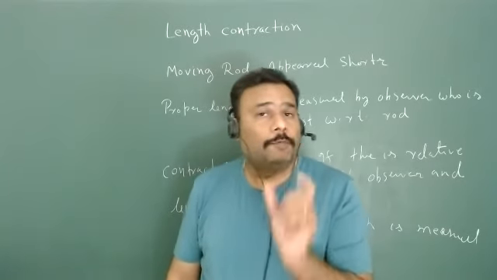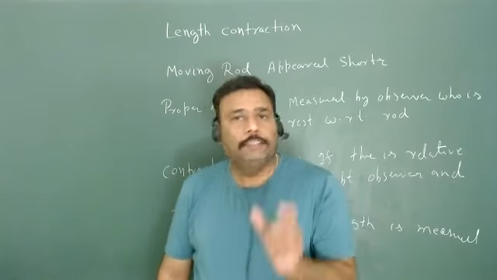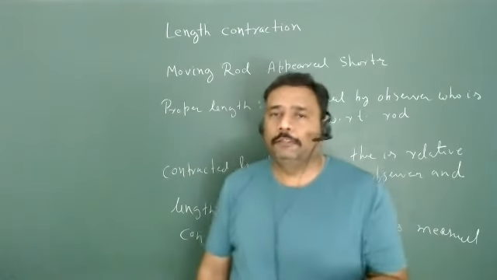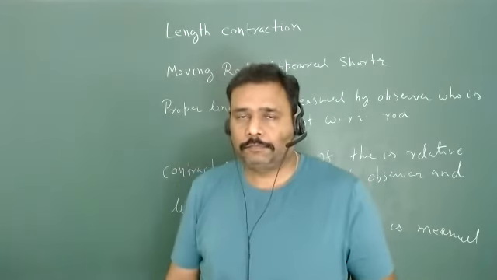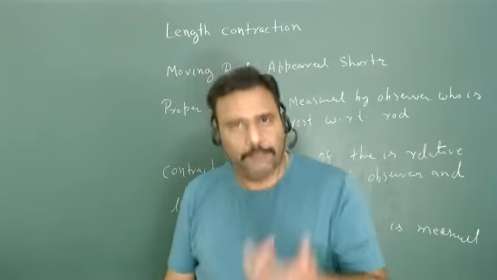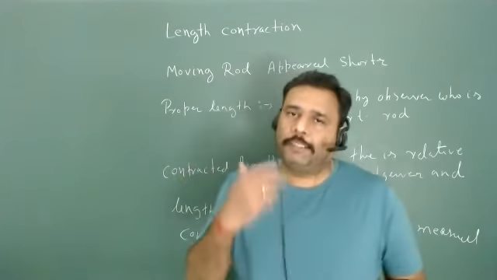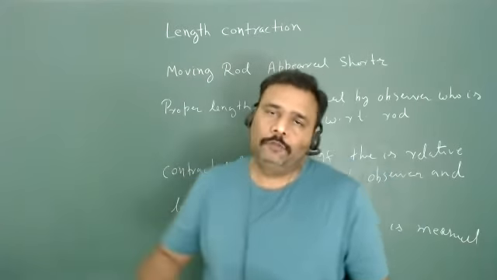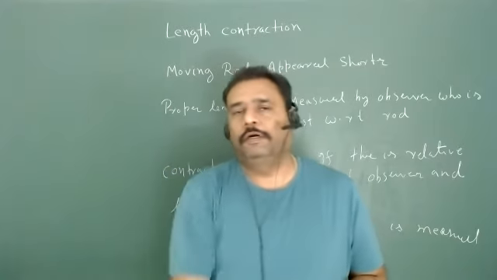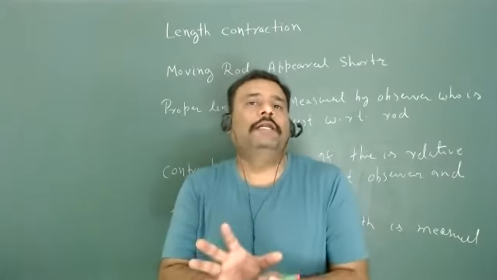I am just talking about proper length. It is uniquely defined, because whenever you want to measure proper length, you have to go into the rest frame of the rod. Then only can you measure proper length.